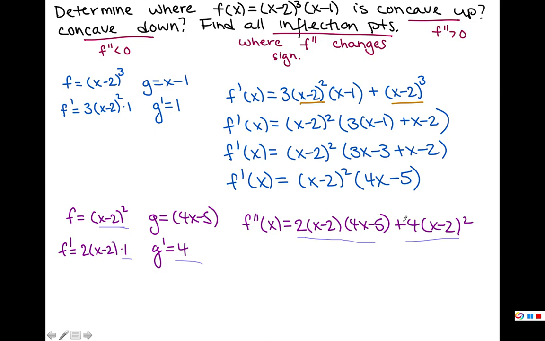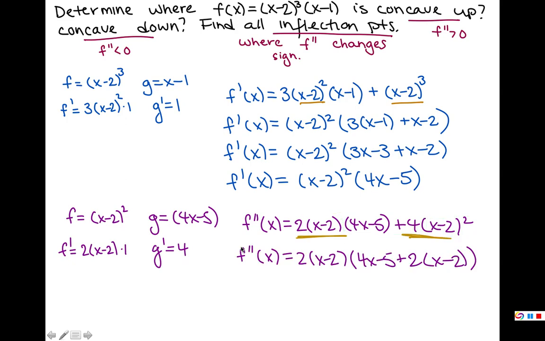Once again, I'm going to try to use that same kind of factoring trick that I used earlier. So what I mean by that is I notice both of these terms have x − 2's in them. So I can factor that out. We could also pull, this one has a 2 and this one has a 4. So we've got a GCF of 2(x − 2), and that's exactly what I've done in this next step.